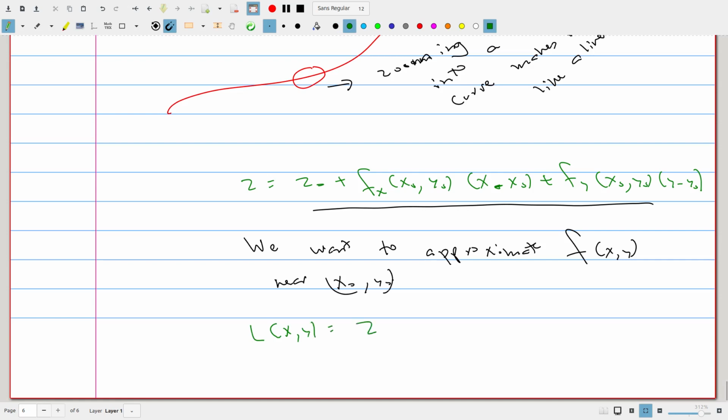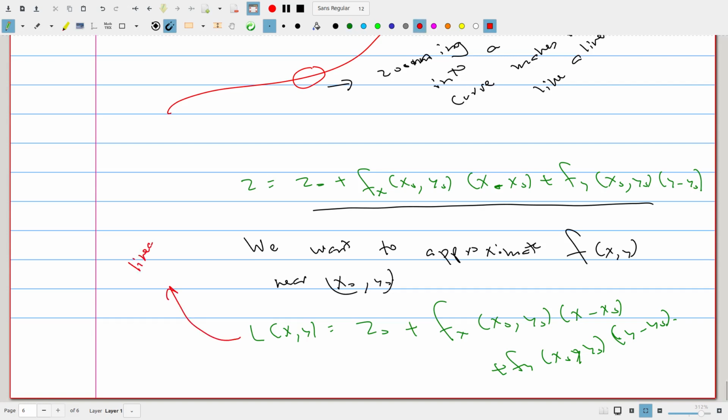This is equal to z0 plus fx(x0, y0) times (x minus x0) plus fy(x0, y0) times (y minus y0), right?